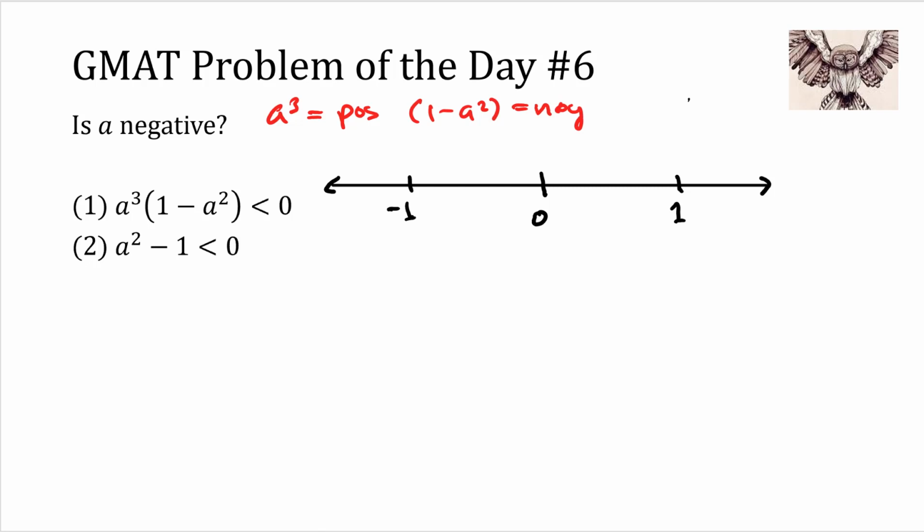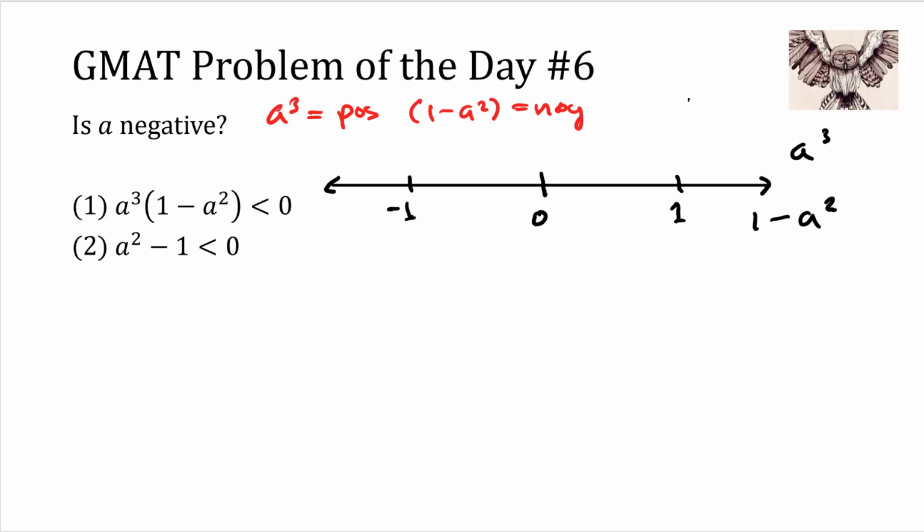We'll say that a cubed is on the top of the number line and 1 minus a squared is on the bottom. Let's figure out where these things are positive or negative.